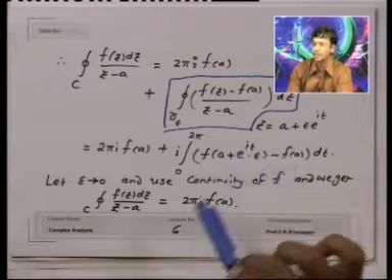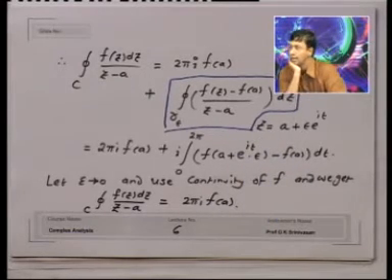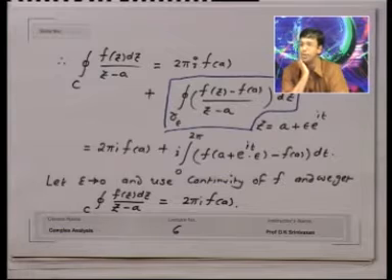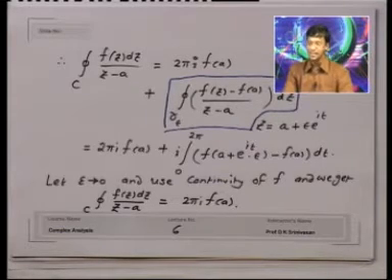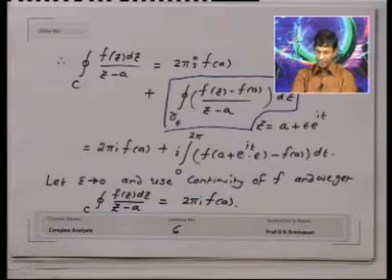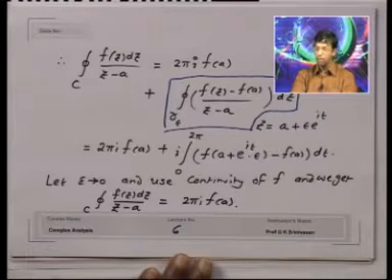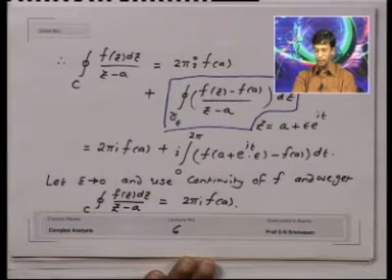So the parameterization is z equal to a plus epsilon e to the power it. So what is dz? dz is epsilon i e to the power it, right.